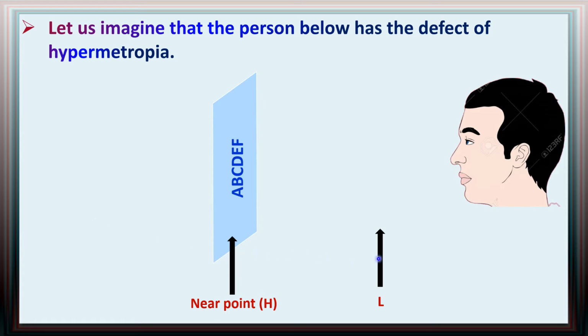So between H and L, he cannot see the things clearly, and beyond H, beyond the near point, he can see the things clearly. So actually from H to infinity, he can see the things clearly. This is called the near point in his case.